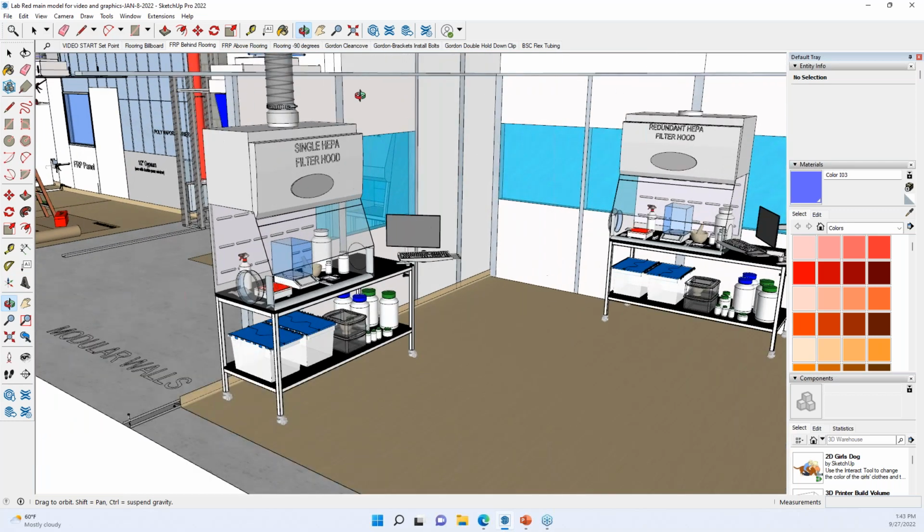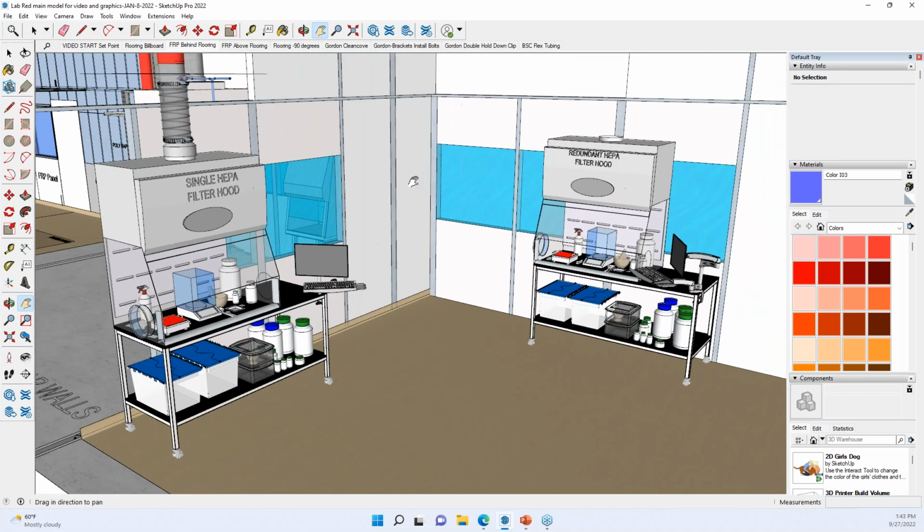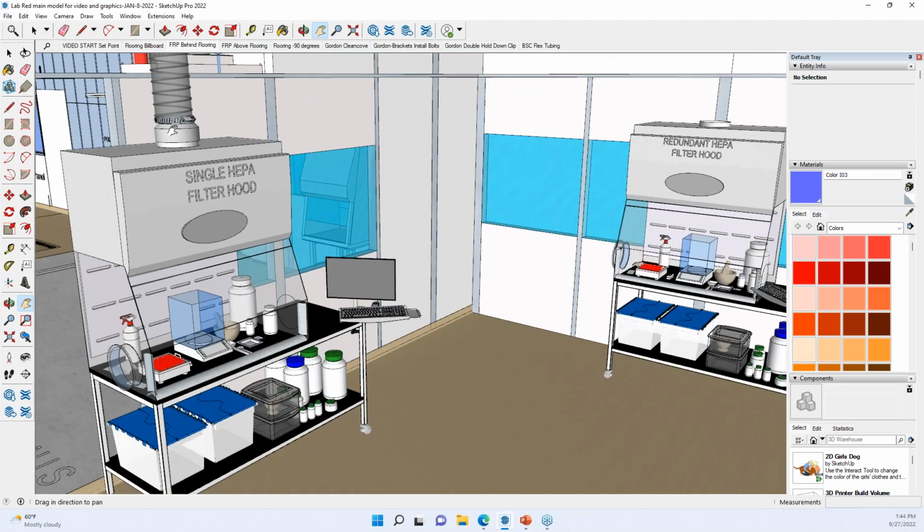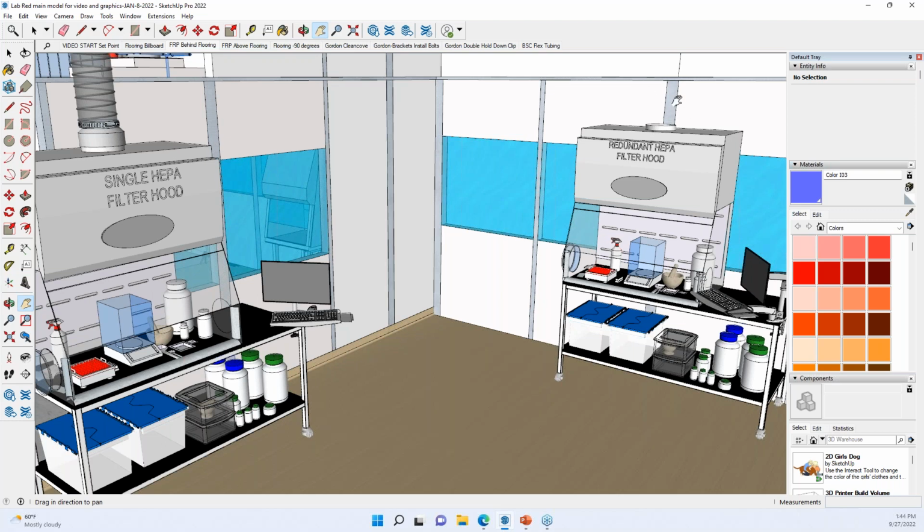So here's the difference between a single HEPA hood. See how I've got it connected up to the exhaust blower, but the redundant HEPA hood is not exhausted, so it's recirculating. Now, little misnomer about hoods. Hoods that are recirculating into the space do not contribute to the negative pressure at all, right? They are room neutral.